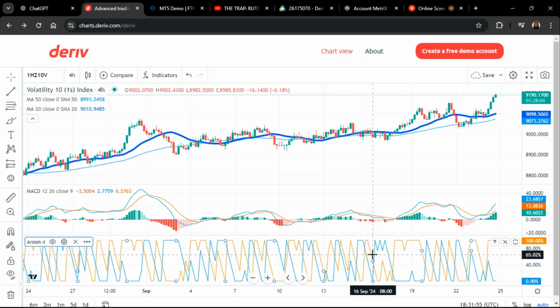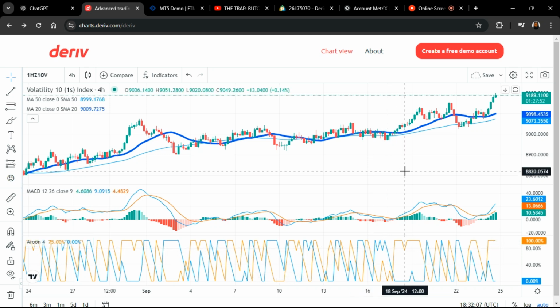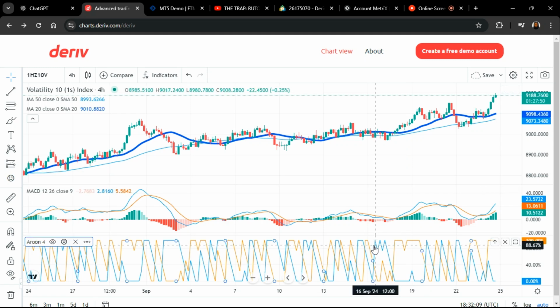For example, you have this, Volatility 1s. What you are supposed to follow is, once you click on Aroon, you are going to see these two dots. Ensure you have a line that crosses through the two dots. Then look above, that is on MACD.